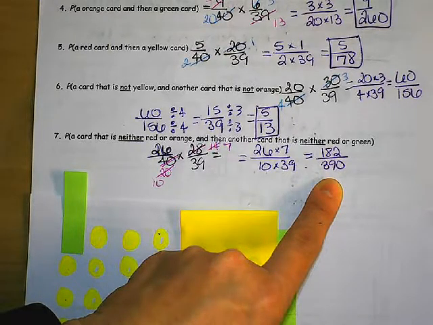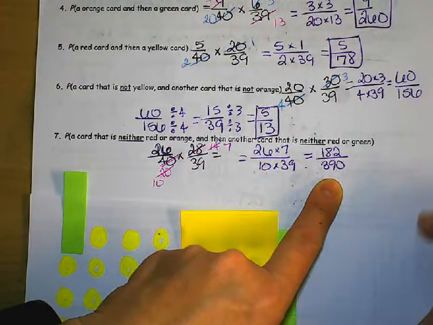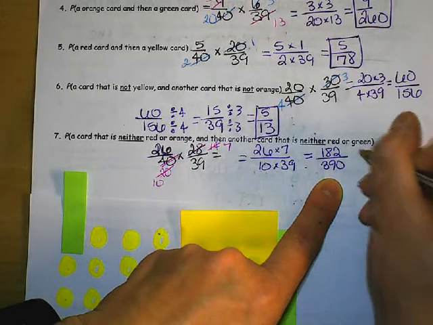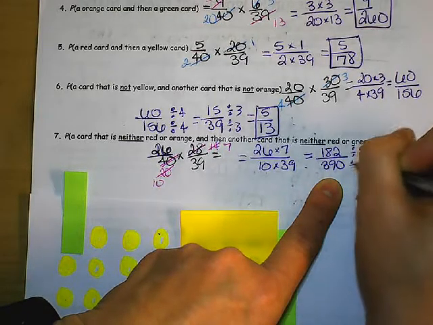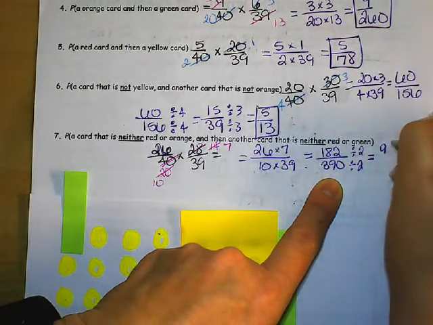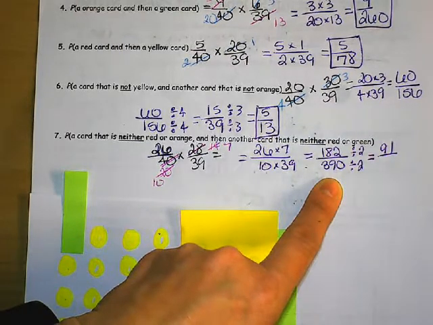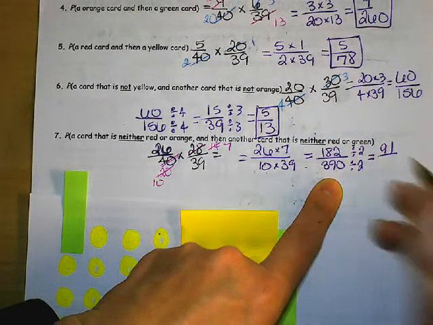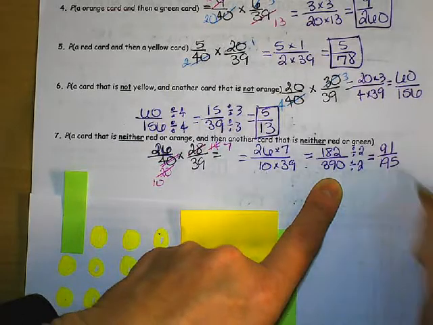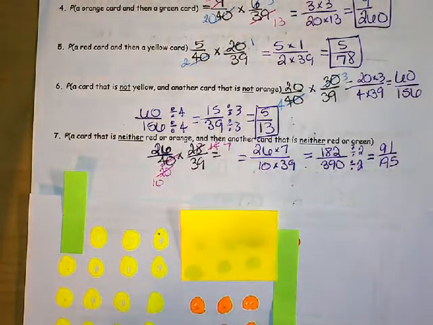And since these are both even numbers, I think they can be divided by 2. I know they both can be divided by 2. I'm going to divide them both by 2 first. You get 91 over 195. Wonder if these can be divided by 3.